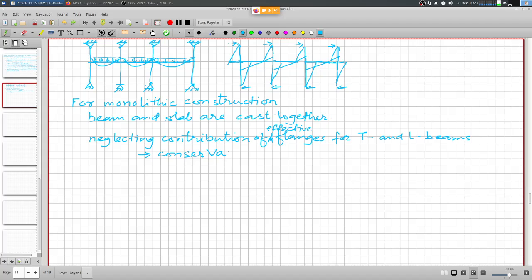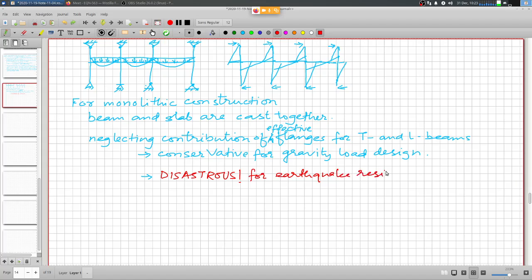This is conservative for gravity load design, but this is, I would rather make it more dramatic, disastrous for earthquake resistant design.